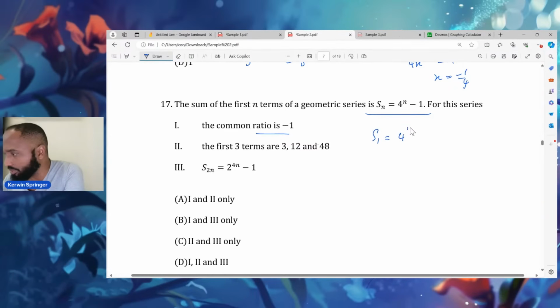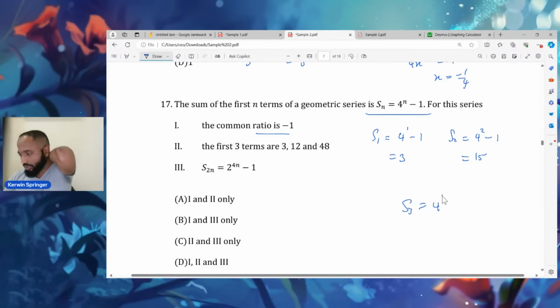S1 is equal to 4 to the power of 1 minus 1, so that's 3. S2 is equal to 4 to the power of 2 minus 1, so that is 15. S3 is equal to 4 to the power of 3 minus 1, so that is 63, maybe. So 3, 15. The common ratio is -1.